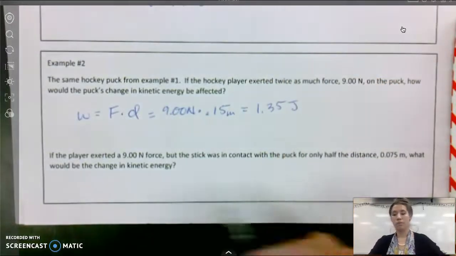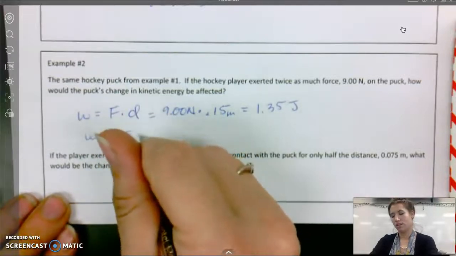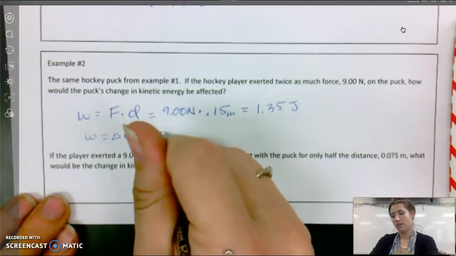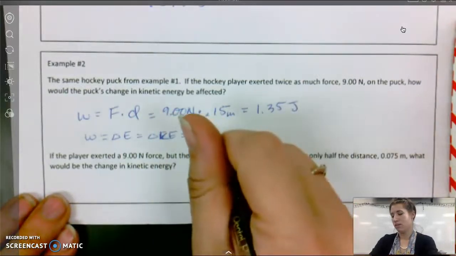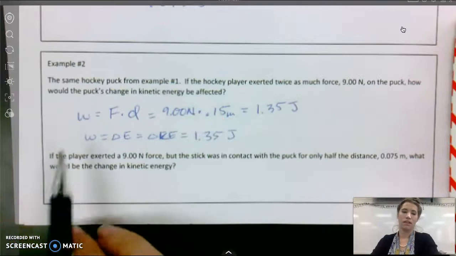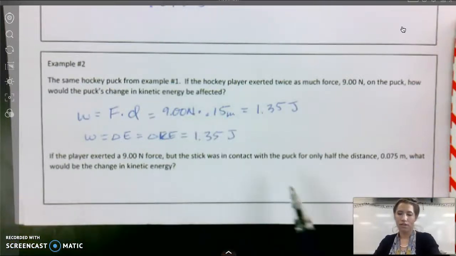And work is the change in energy. In this case, that's the change in kinetic energy, and so that's 1.35 joules.